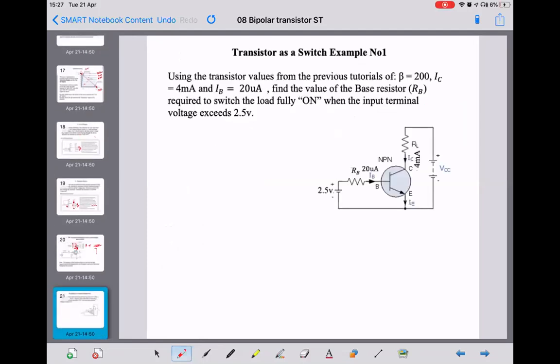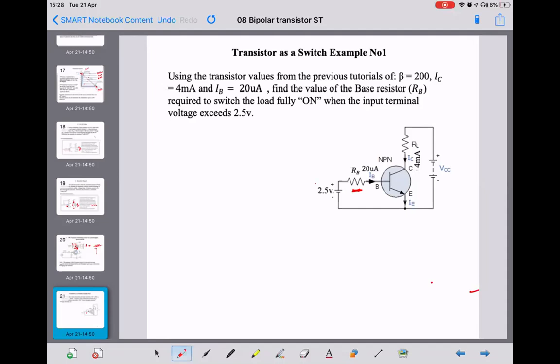So, transistor as a switch. Example number 1. Using the transistor values from the previous tutorial, i.e. beta is 200, IC 4 milliamps, IB 20 microamps. Find the value of base emitter resistor, so that's this one in here, required to switch the load fully on when the input terminal exceeds 2.5 volts.